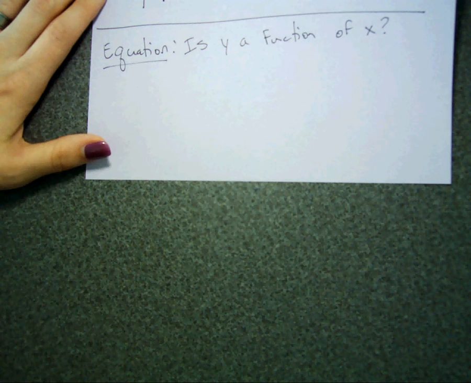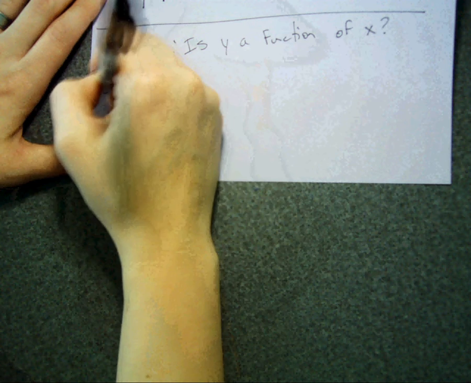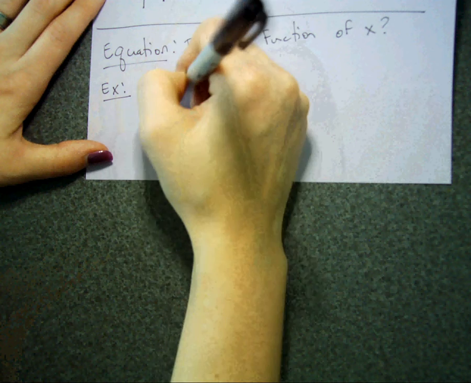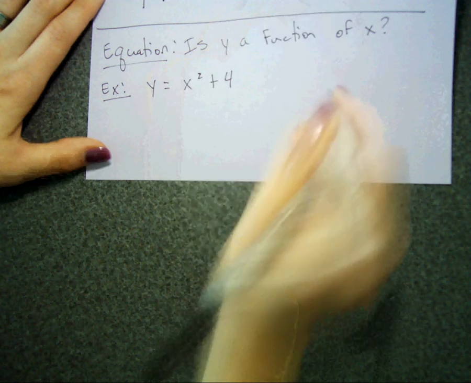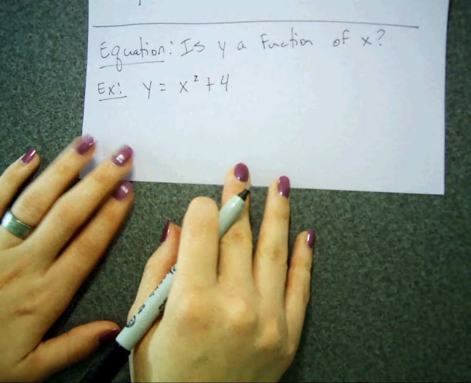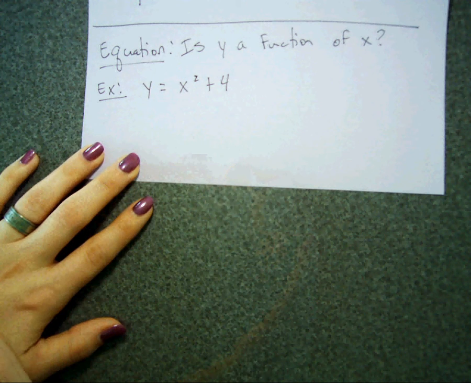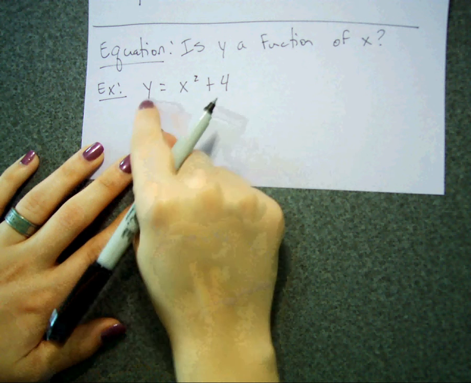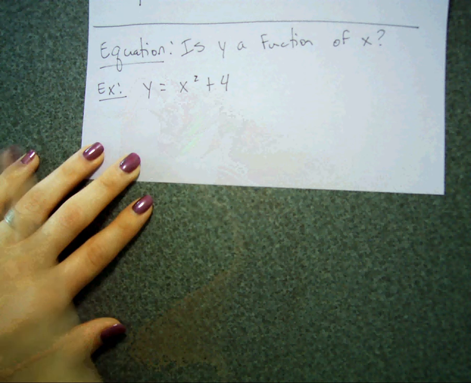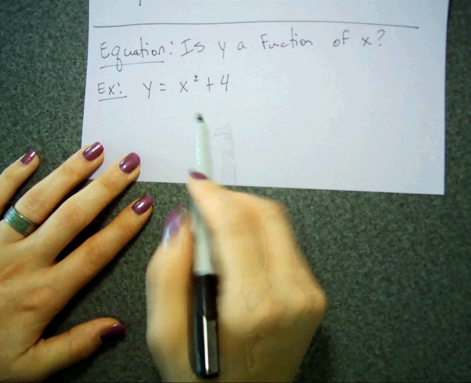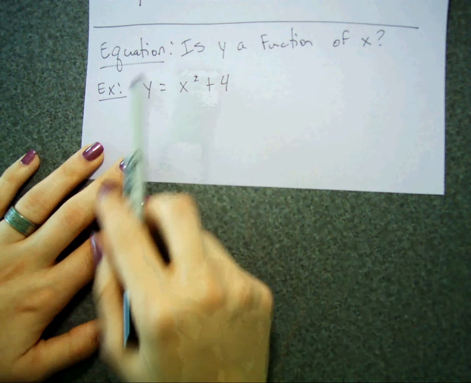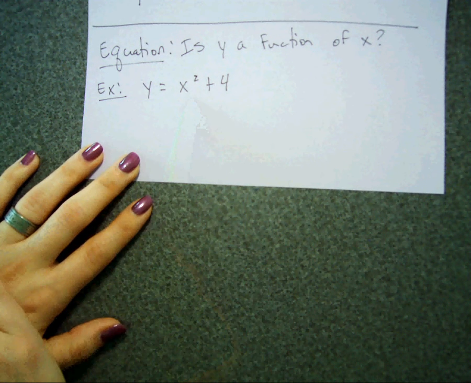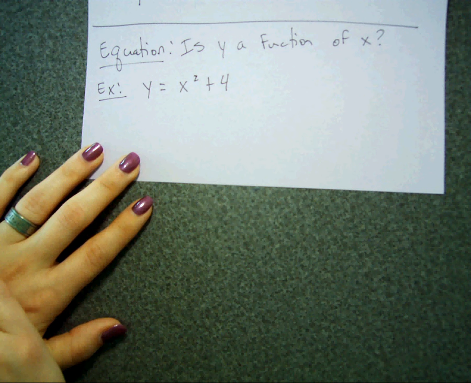All right. So when I'm looking at my equation and trying to determine if y is a function of x, I need to get y all by itself. If I already have y all by itself, then awesome. Then I'm looking at, since y is already by itself, when I plug in an x value, how many numbers am I going to get back? Just one, right? This one kind of makes it very simple. No matter what number I plug in, when I square it, how many numbers do I get back after I square it?